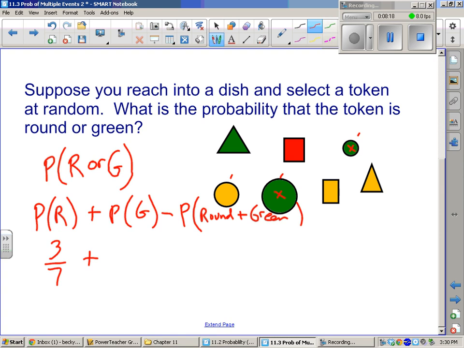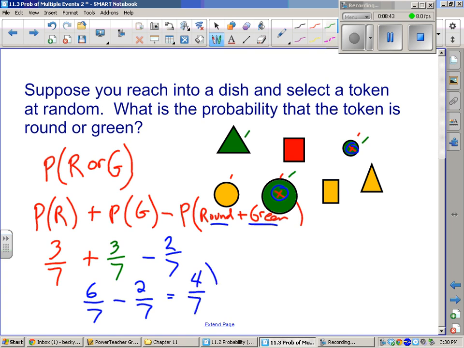And then the green ones, there are 1, 2, 3 out of 7. And then we need to remove the overlap. So those would be any that make round and green true. There are 2. Can I do that reducey slashy thing we talked about? No, that's only with multiplication. Oh yeah, I remember. So 6 sevenths minus 2 sevenths, we get 4 sevenths as our probability. And you may write it as a decimal or a fraction if you wish.